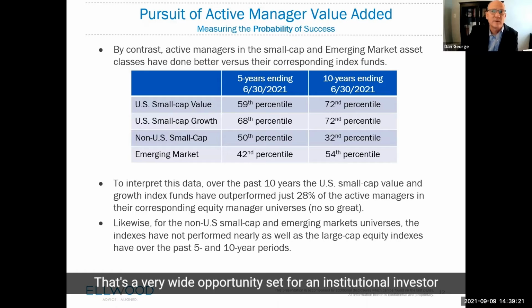That's a very wide opportunity set for an institutional investor trying to pick an active manager to beat the index fund. And the 5-year numbers really aren't that much different. And so we would say there's a pretty good likelihood that we're going to lean towards active management just based on the probability of success in the US small cap space.